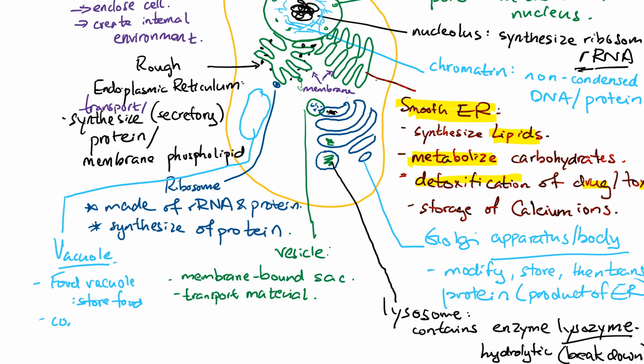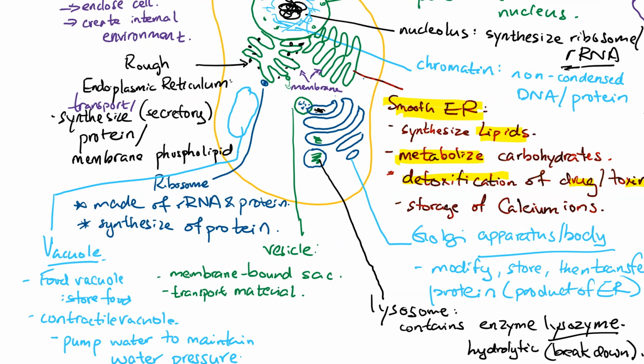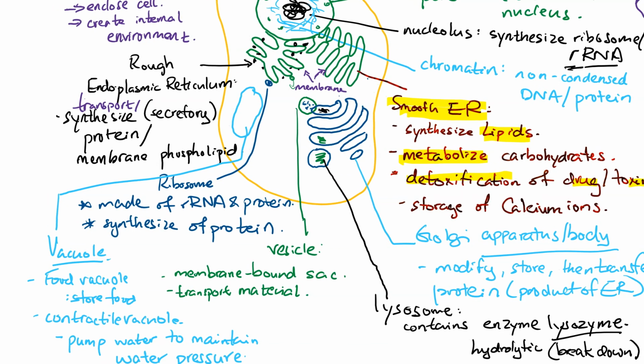Contractile means that this particular vacuole can use contractions to pump water in and out of the cell in order to maintain water pressure. You don't want water pressure in the cell to be too high or too low as compared to the environment.